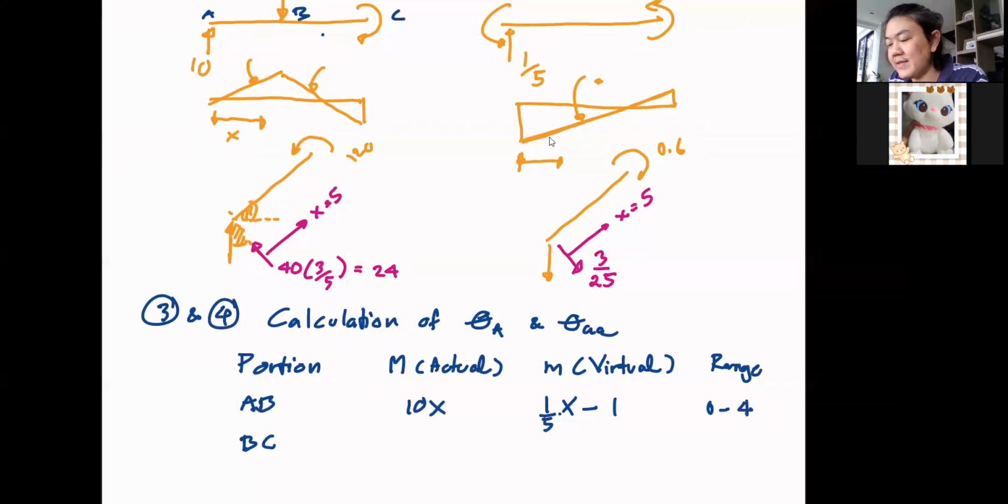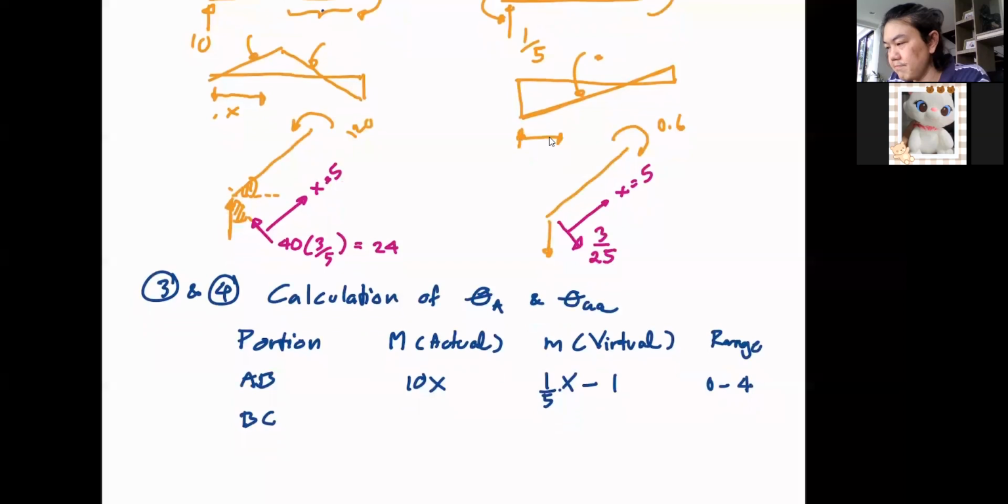So for the portion BC, I will write the moment for this portion, but my x starts from 0. Okay, so that is going to be 10x. But this time, oops, sorry. My x must be minus 4.